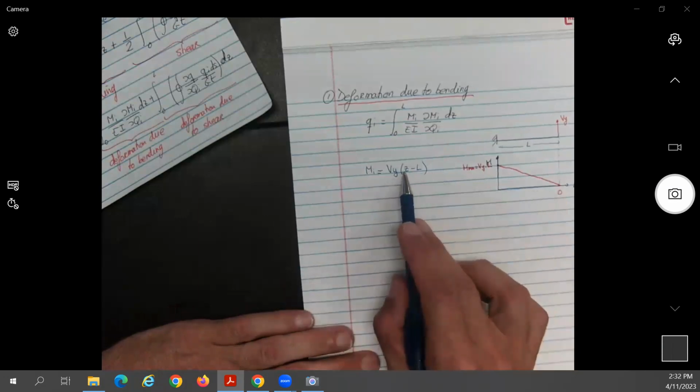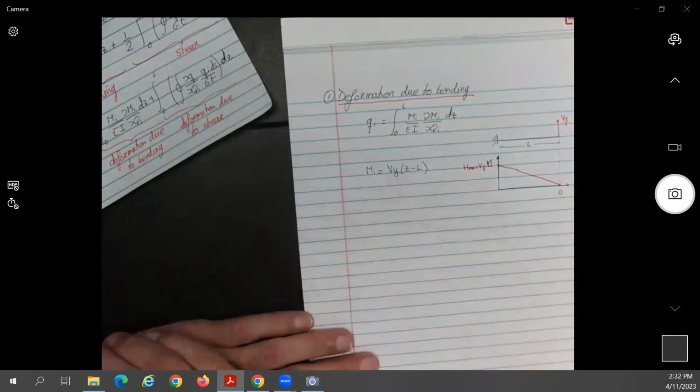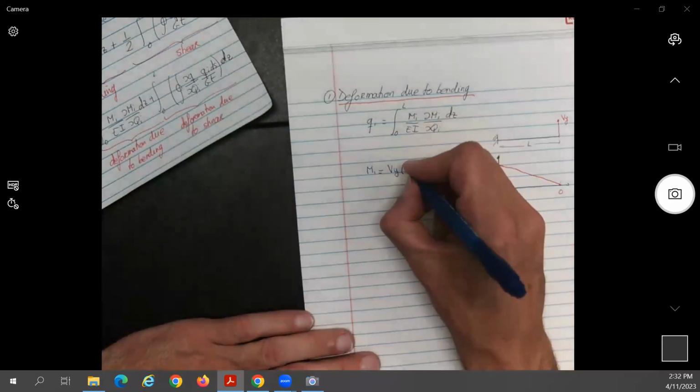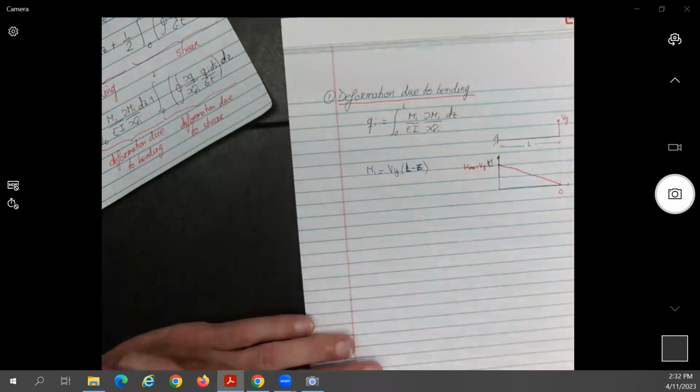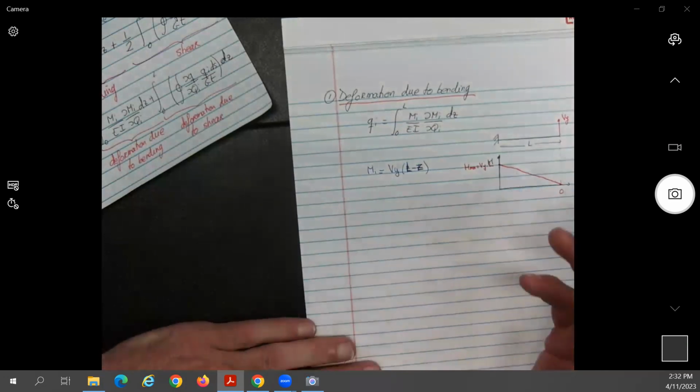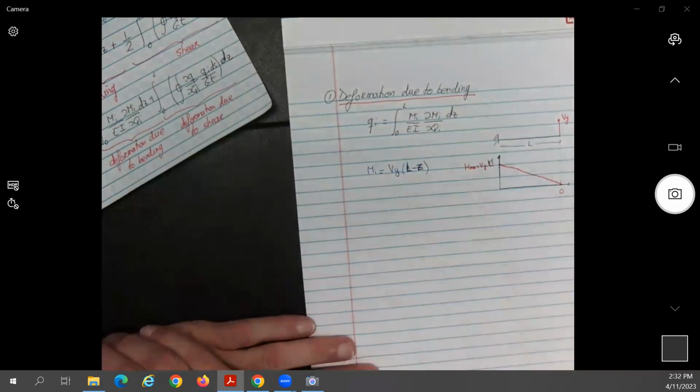And at Z equals 0 it will be Vy times L. Maybe I should have put L minus Z, so we have the positive value. It doesn't change anything, but that way at Z equals 0 it is Vy times L, and then at L it will be 0. Should be the same thing.